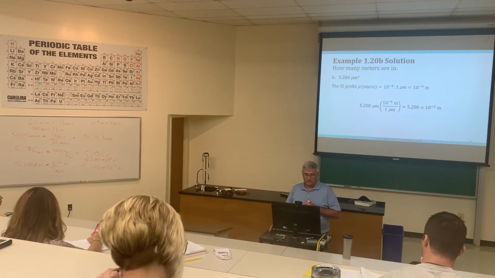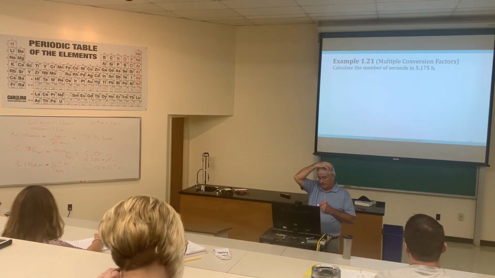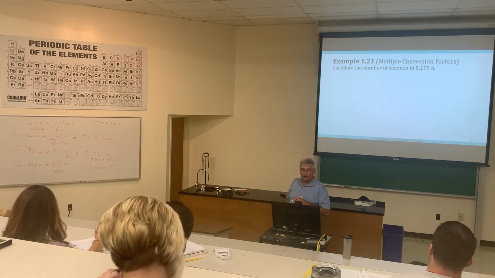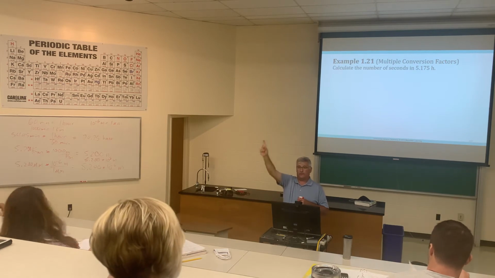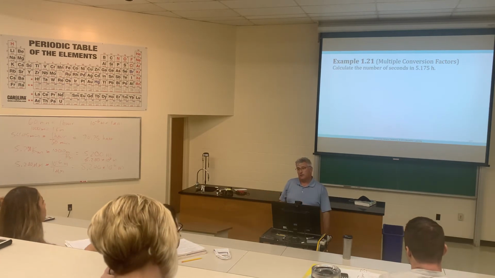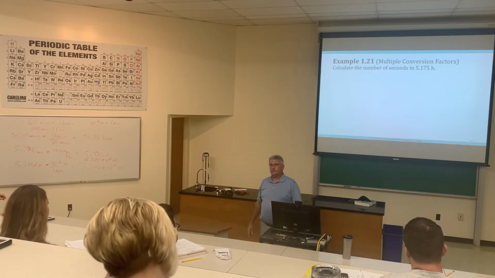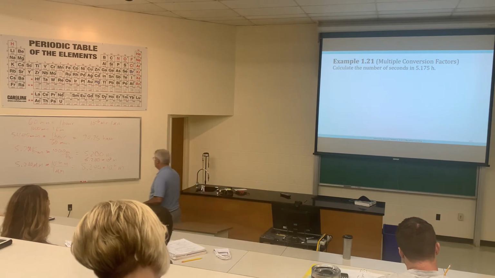All right, so how about this one? Multiple conversion factors. Calculate the number of seconds in 5.175 hours. I'm going to tell you this right now. I would only use one conversion factor right here because I know it, it's automatic. But I want you to use 2 because they're using 2. And I'll do it with 1. Cool?